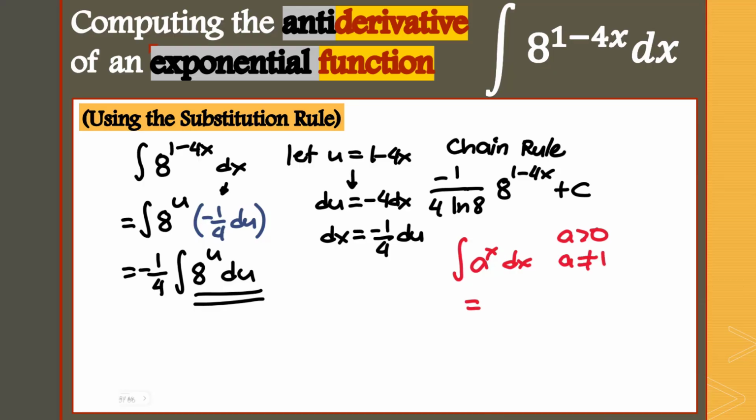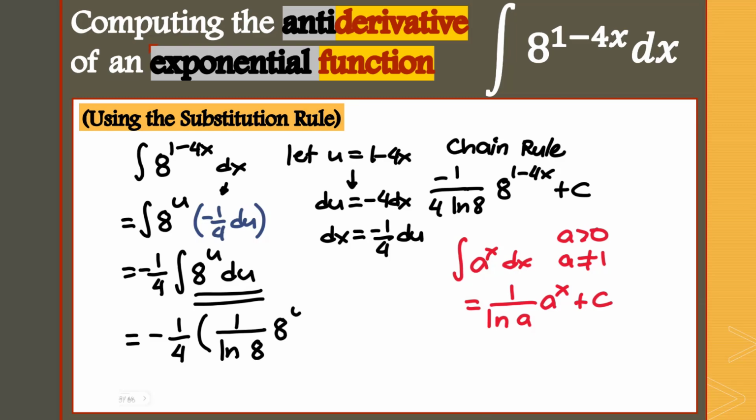This would be equivalent to 1 over the natural logarithm of your base times your entire expression plus c. But instead of x, we now have u. So going back here, this would be equivalent to -1/4 times 1 over the natural logarithm of your base, which is 8, times 8 to the power of u, plus c.